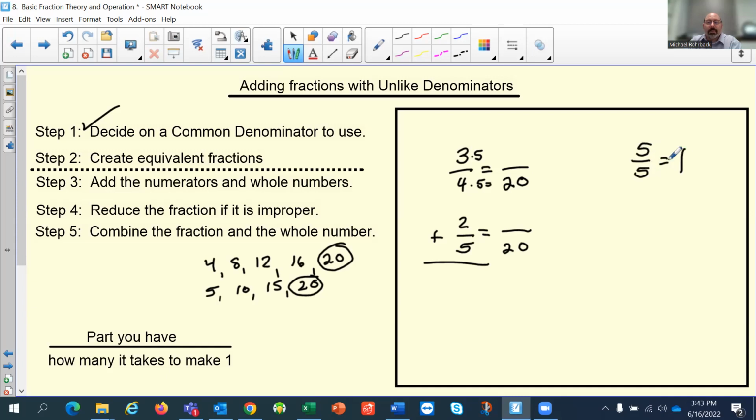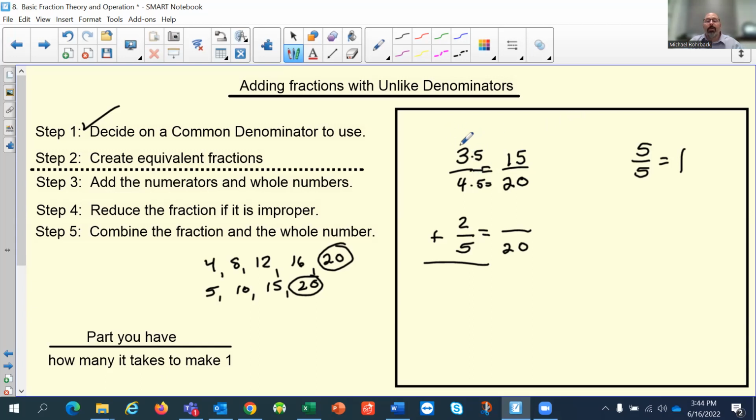Anytime the same number is over itself, it's 1. So when we go 3/4 times 5/5, we're really saying 3/4 times 1, and we get 15 over 20. These two numbers, 3/4 and 15/20, are the exact same value. It's the same number. And if you check, 20 times 3 is 60, 4 times 15 is 60.